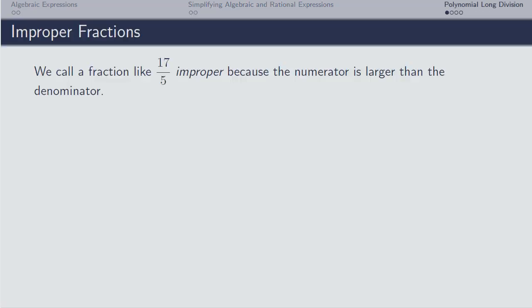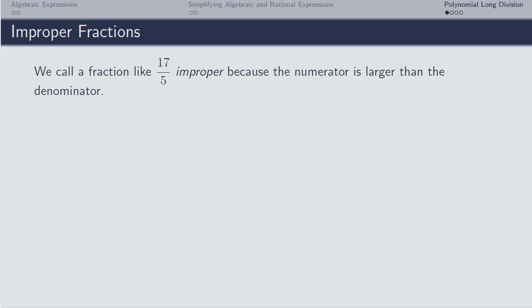I'd like to spend the rest of the day talking about a technique that is motivated by what we do when we see an improper fraction. Right, 17/5, right there. I'm saying that is an improper fraction because the numerator is larger than the denominator.